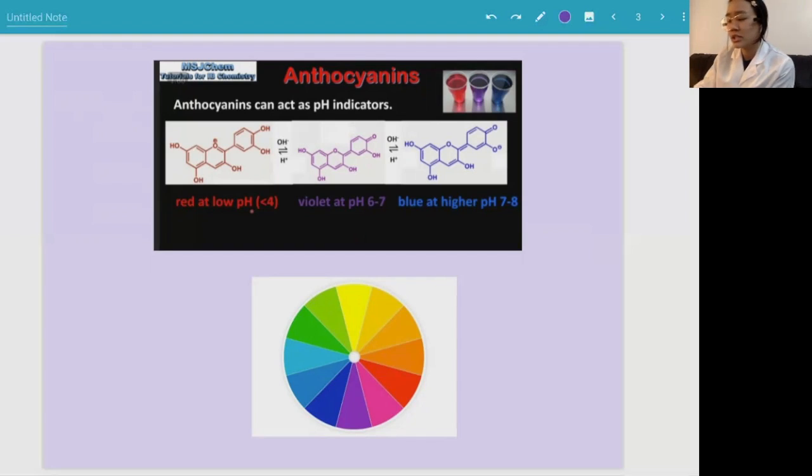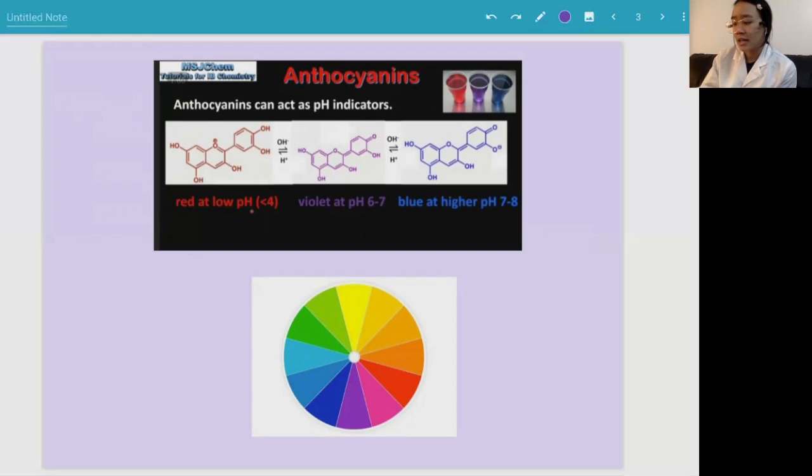In basic conditions, you can see that this hydroxyl group was deprotonated, and it has a carbonyl and then 3 other OH groups. So this oxygen can delocalize its electrons into the ring and have extended conjugation. And so this molecule we would say is the most conjugated, or has the most conjugation.